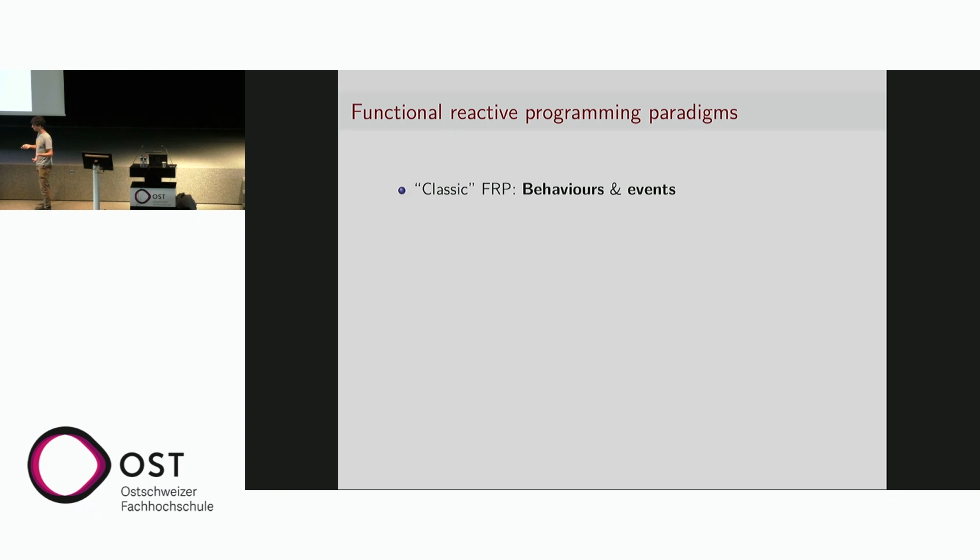I think in Reflex behavior is dynamic, so you might encounter them under different names, but the two ideas here are that behaviors are time-varying values. So you can think of it, but really only think of it, not implement it, as a function from time to your value. Whenever you have the position of some object in a physical simulation that moves around, where it is will depend on time.